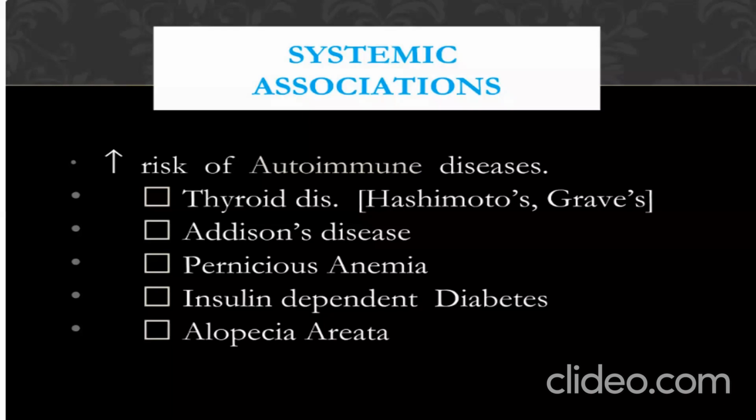So when other autoimmune diseases are present, there is also increased risk of vitiligo. The other autoimmune diseases like thyroid disease, that is Hashimoto's or Graves' disease, Addison's disease, pernicious anemia, insulin-dependent diabetes, alopecia areata.